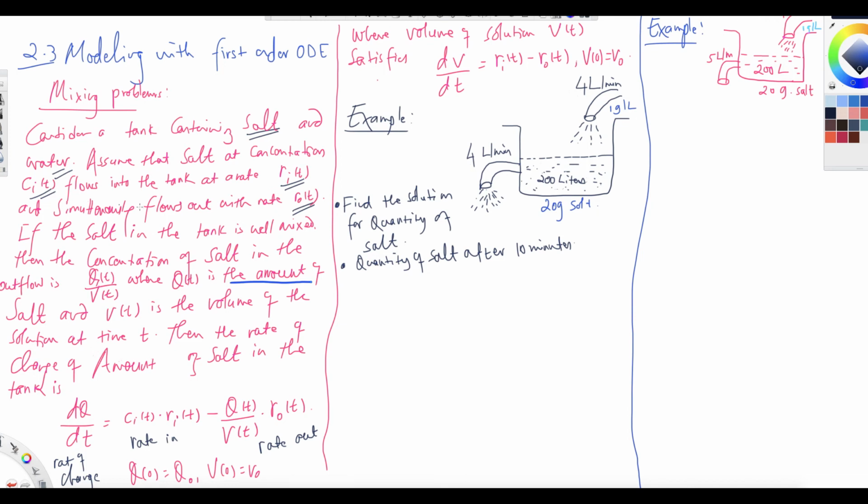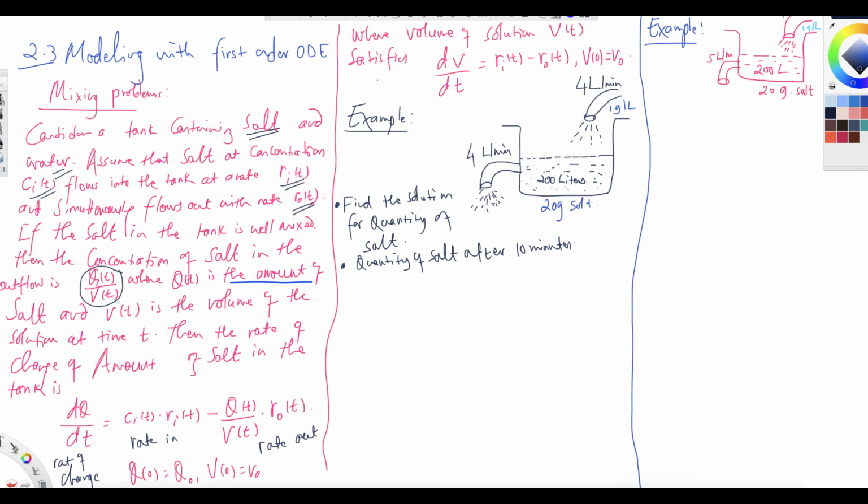If the salt in the tank is well mixed, then the concentration of the salt in the outflow is Q(t) over V(t). Q(t) is the quantity of the salt in the tank, and V(t) is the volume of the solution.